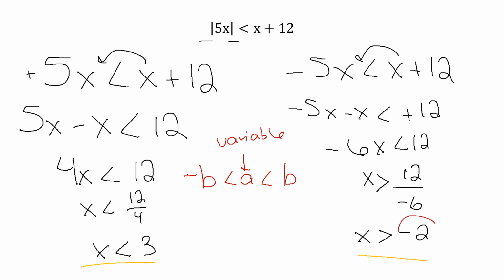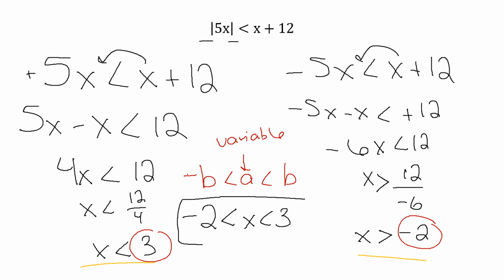So here's my negative. My variable in this case is x. And then my positive is 3. And this is the correct format for your answer. Remember, this is for less than. Negative 3, less than x, less than 3. Negative to positive.